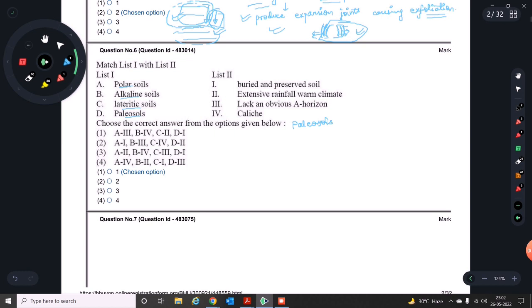Paleo soils are ancient soils formed on landscapes. Since these are ancient soils, they were formed on landscapes of the past.